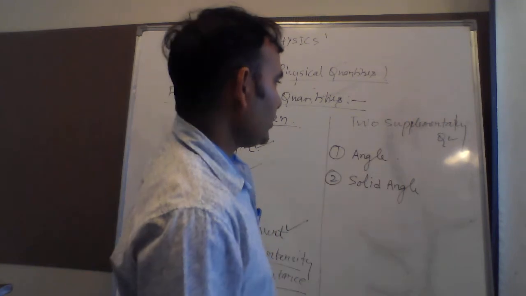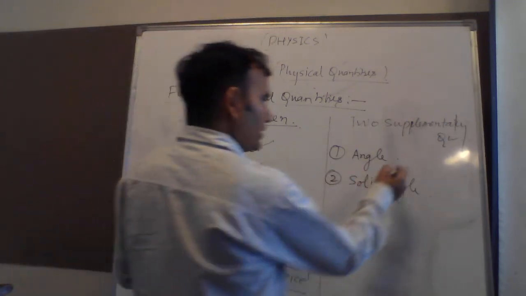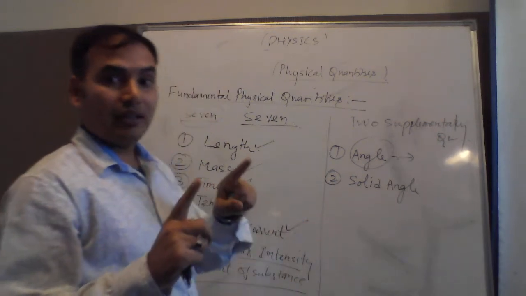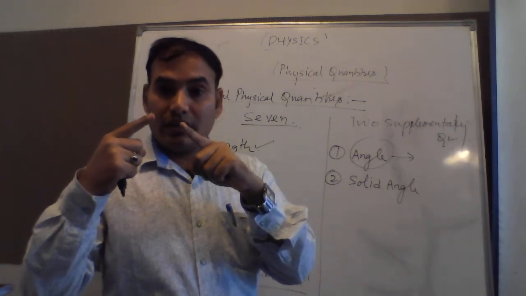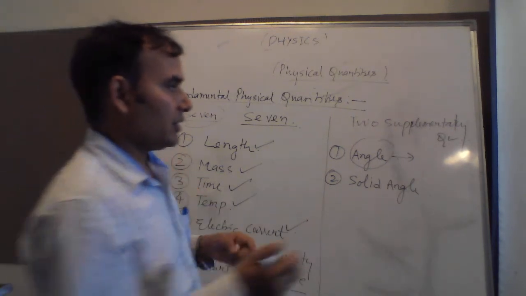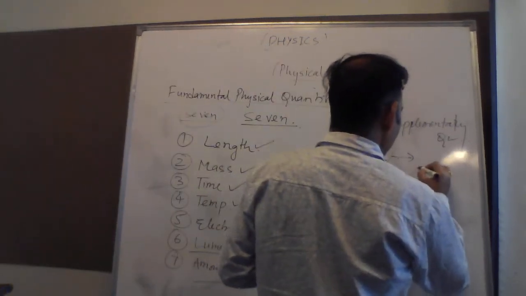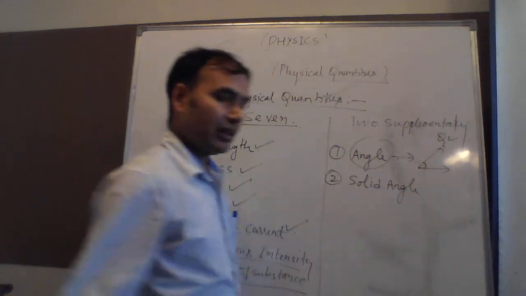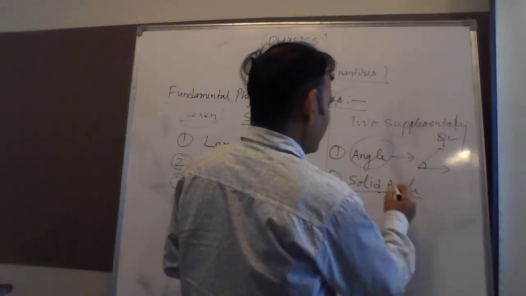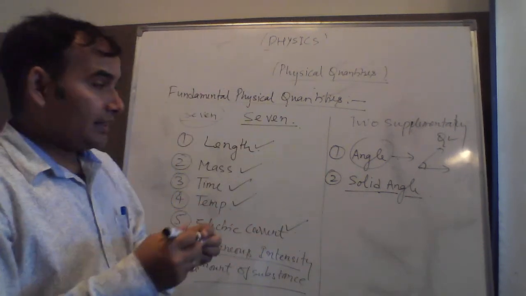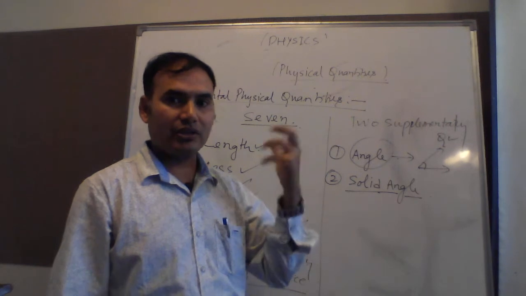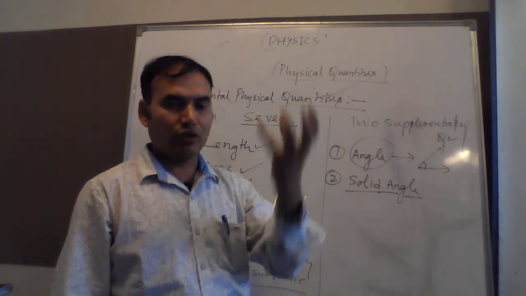Now these 2 supplementary quantities. Angle, you are aware of this. Angle you know. And what is angle? Angle is the intersection of 2 rays. One ray is there, the other one is here. So this is the angle. Now the solid angle, you may not be aware of this. Solid angle is the angle in 3D. Best example is the cone or your cap.